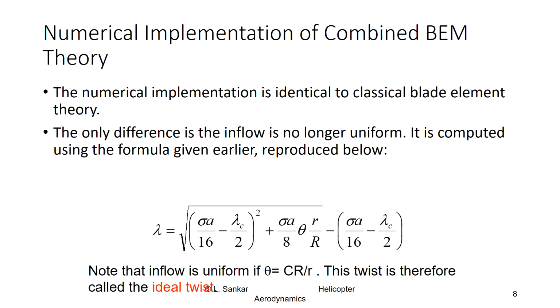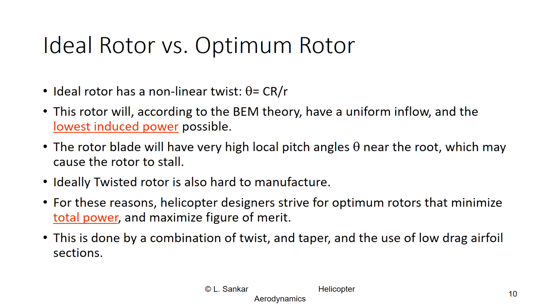Therefore, if you want to make the inflow uniform, you have to ideally twist the rotor, for example. Then theta times r over R will become a constant. Then for a constant sigma, constant solidity, you get a lambda equal to constant. But as I mentioned earlier, ideal rotor only optimizes the induced power. It produces very high angles of attack because theta varies like 1 over lowercase r.